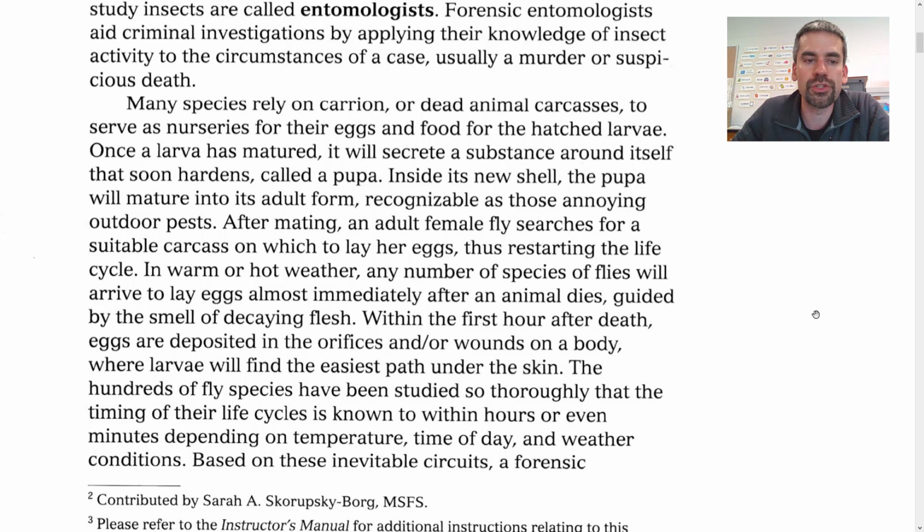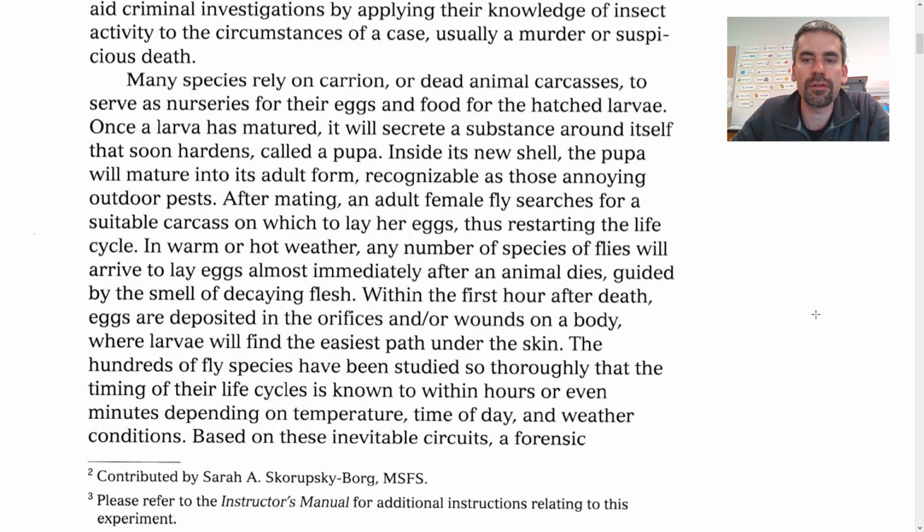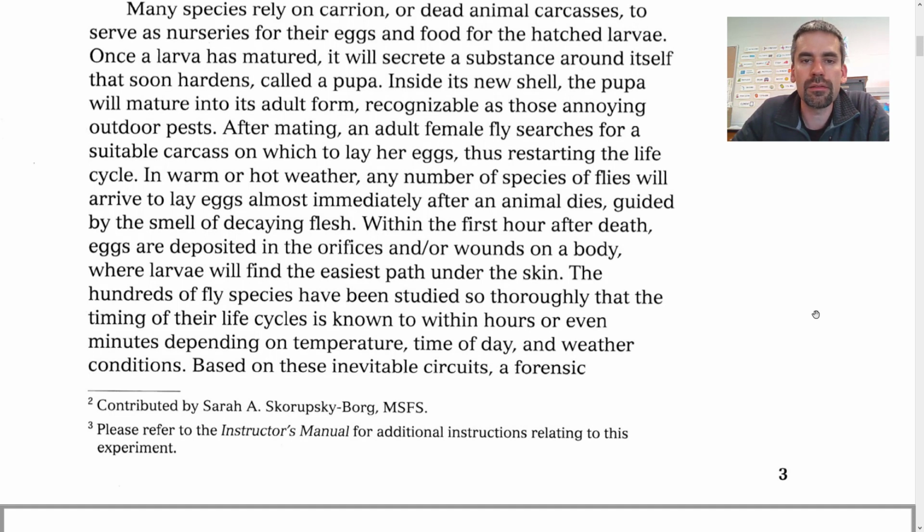Once a larva has matured, it will secrete a substance around itself that soon hardens, called a pupa. Inside its new shell, the pupa will mature into its adult form, recognizable as those annoying outdoor pests. After mating, an adult female fly searches for a suitable carcass on which to lay her eggs, thus restarting the life cycle.